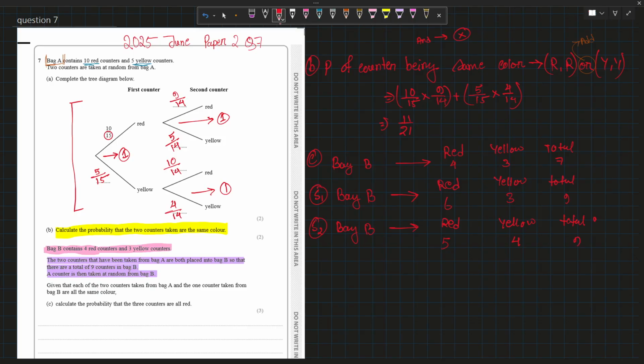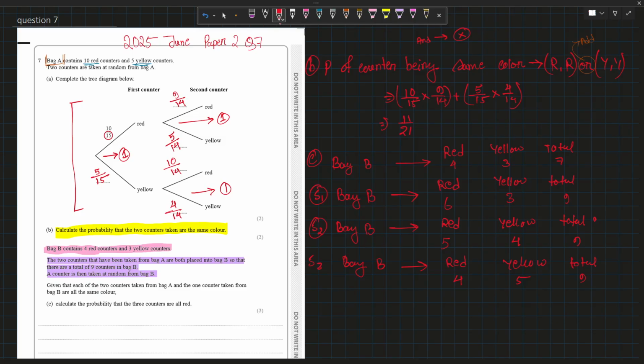All right. So another scenario, that is bag B, I don't take any red, so it's going to be red 4 and yellow 5, so that is a total of 9.